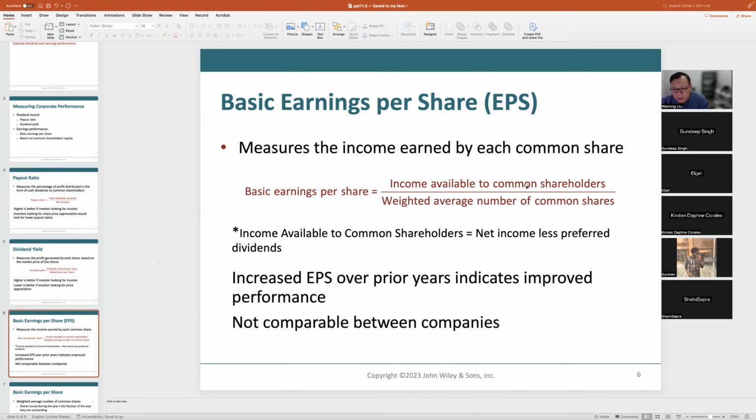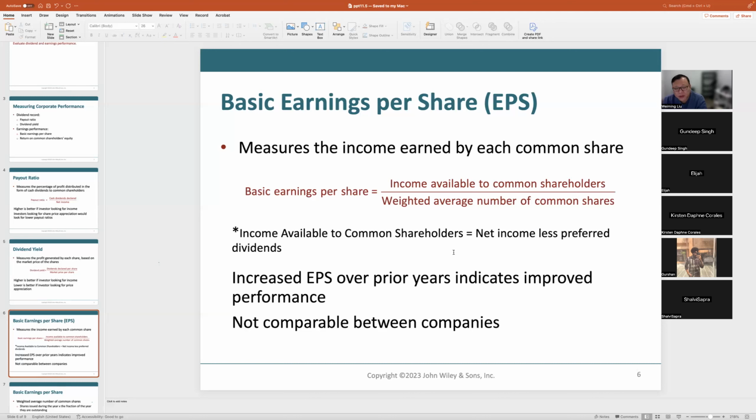So the income available to common shareholders is divided by the weighted average number of common shares. You may wonder, I understand the number of common shares, but what do you mean by weighted average? We're going to talk about this in the future slides.